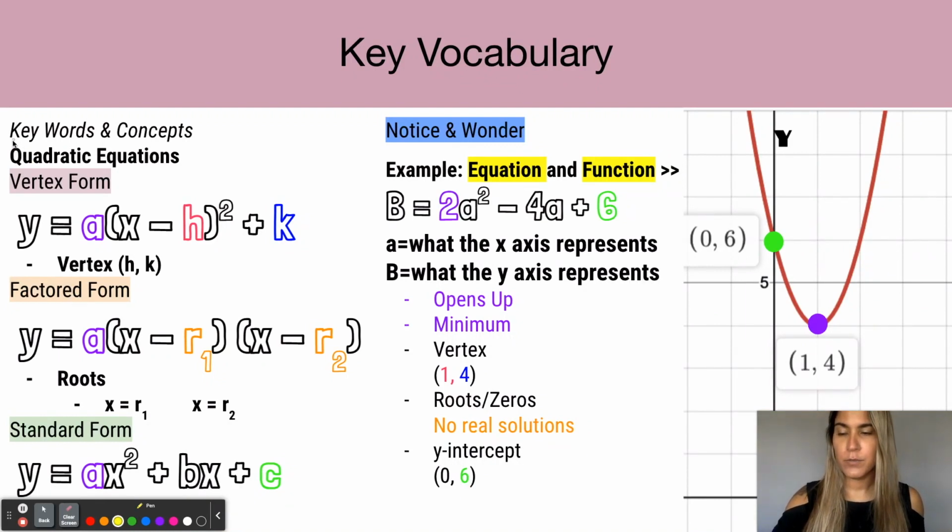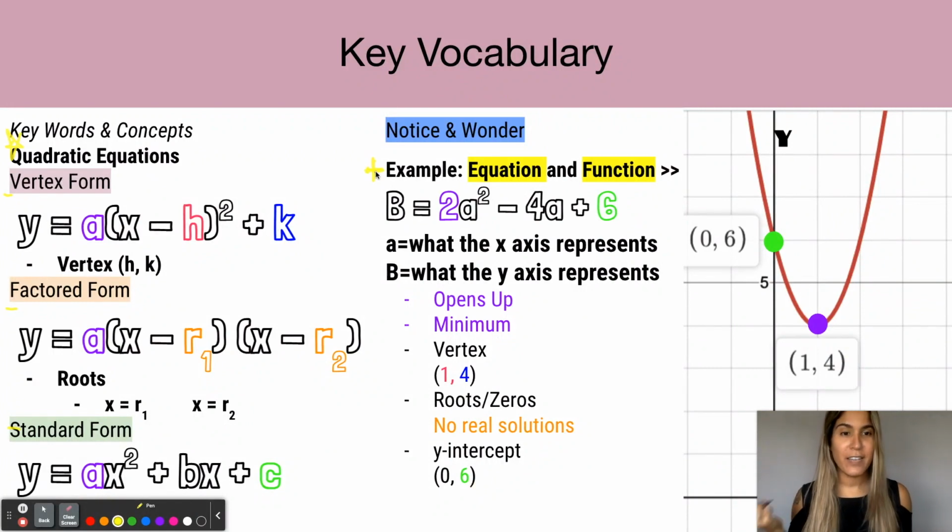Our different forms of quadratic equations are vertex form, factored form, and standard form. Moving forward, we are going to learn how to use these types of equations within the context of real-world problems. So let's look at this example of equation and function.